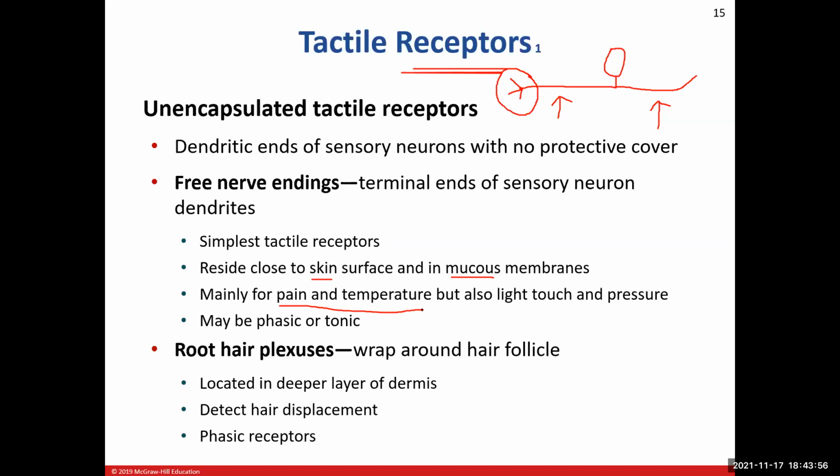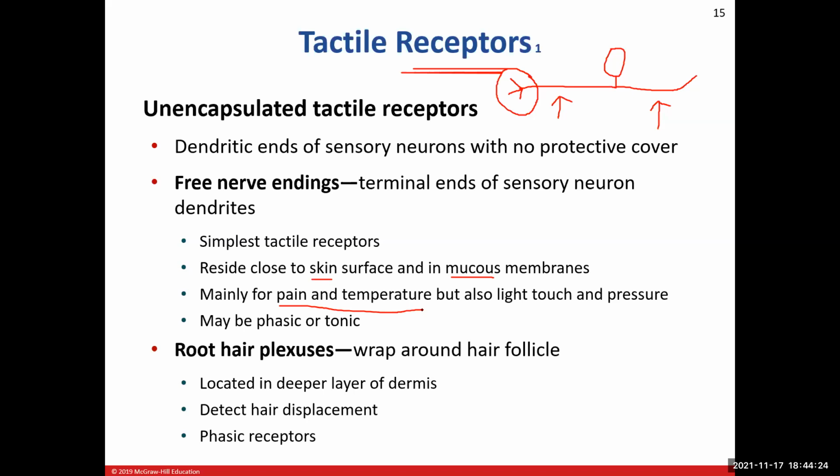Then we have our root hair plexes. So a little bit of review. Remember the hair that's beneath the surface of the skin is the root of the hair. The part of the hair that's above the skin, that's going to be the shaft. So with our root hair plexes, the nerve endings of our sensory neuron will wrap around the hair follicle.